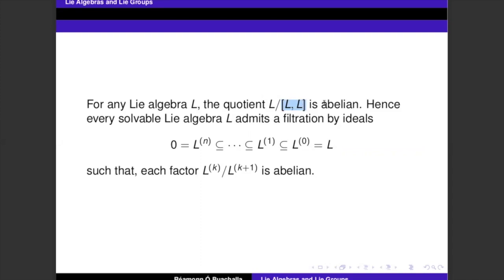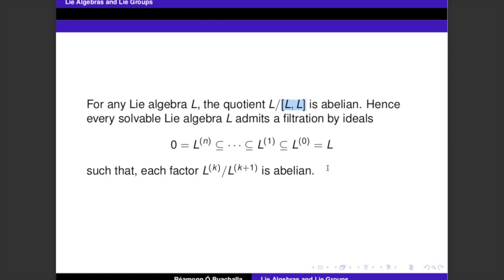Why is this the case? Because if you take the Lie bracket of any two elements in L, it will live inside the quotient, its coset is the zero coset. This element lives inside the coset containing zero, hence it's zero.